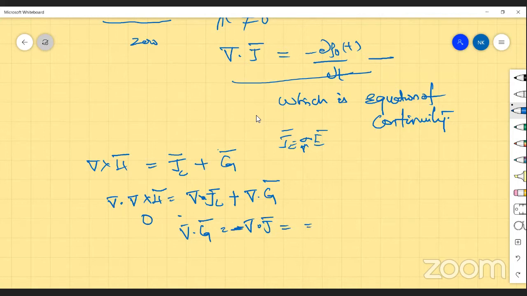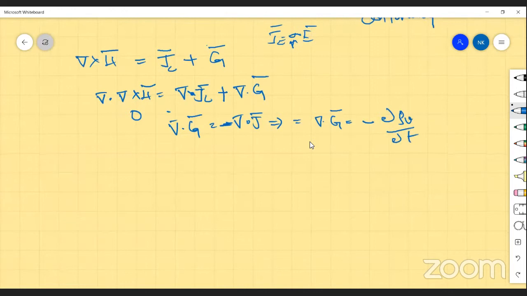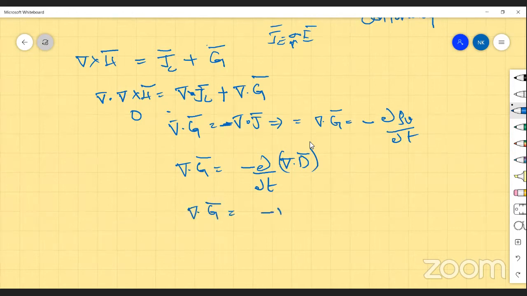So that implies del dot G bar is equal to minus dou rho v by dou t. Now we should try another form. Rho v, what is rho v? Del dot D bar is equal to rho v. So I can write that del dot G bar is equal to minus.